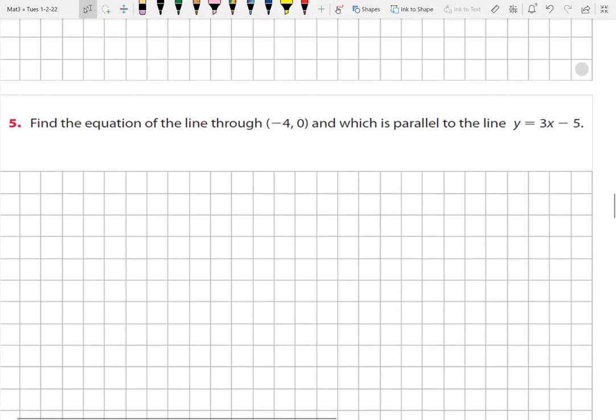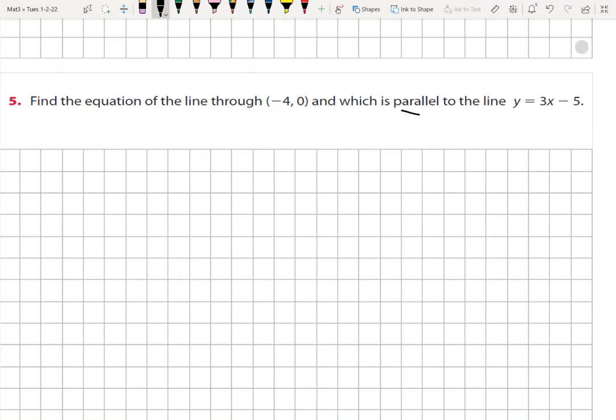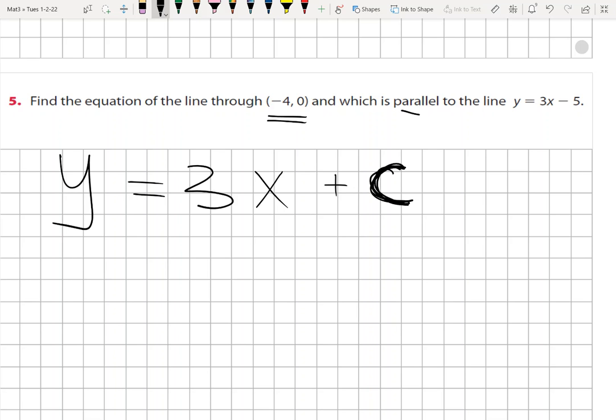Okay, on to question 5. Parallel. So you're literally going to say, you know what, I'm happy with this plus a constant, provided I can determine the constant using this.